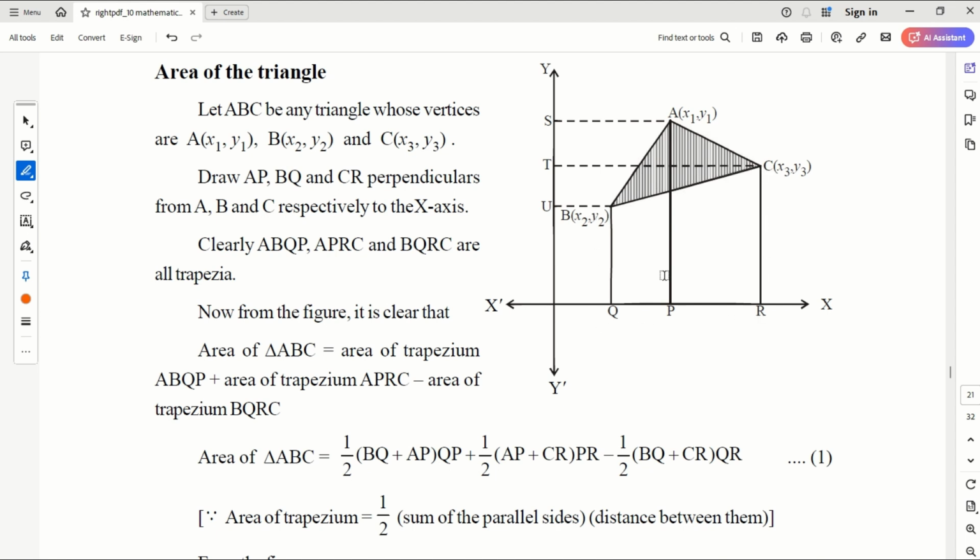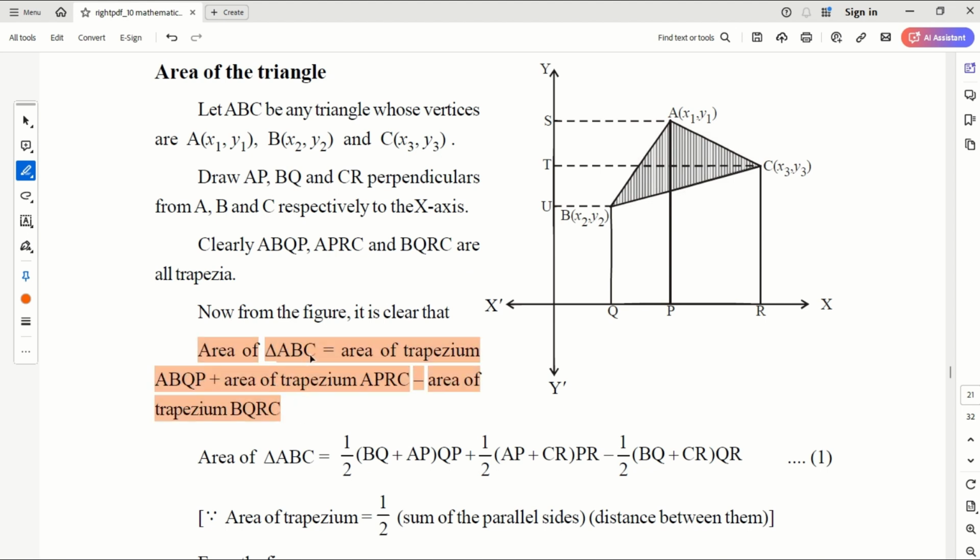So if I sum up the first two trapeziums, that is ABQP plus the area of APRC, then what is the extra thing coming? This part, right? And I subtract this part. This is also the area of a trapezium, which is BQRC. So that is what is mentioned here.